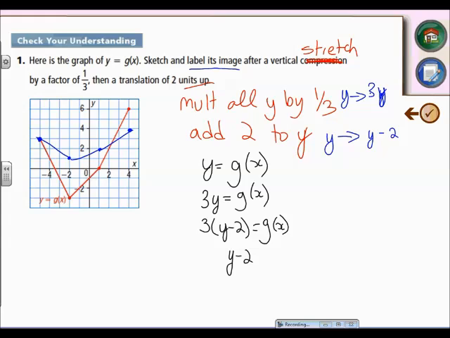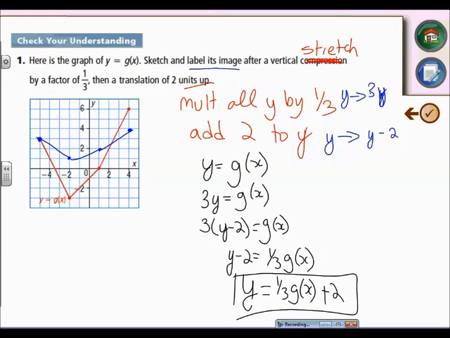So y minus 2 equals 1/3 g at x. Add the 2 over. y equals 1/3 g at x plus 2. There's your final answer. And just label that with your graph, which is y equals 1/3 g at x plus 2.